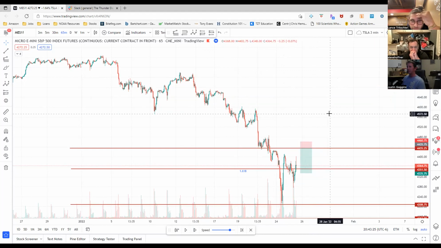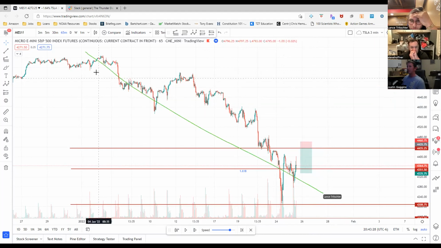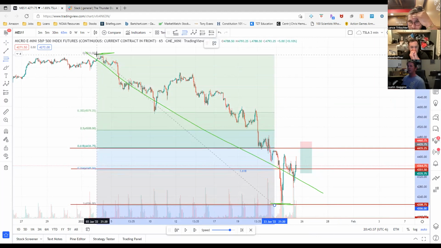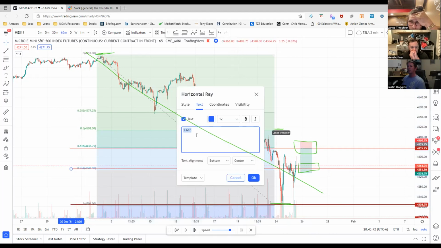We took this structure down and ran the fib retracement from the end of the move to the start of the move. Since it's a down move, we started down there. We got the 618 level here and the 764 level here, and the 0.5 up here, but we're not going to worry about that for now. And this is the low of the move.